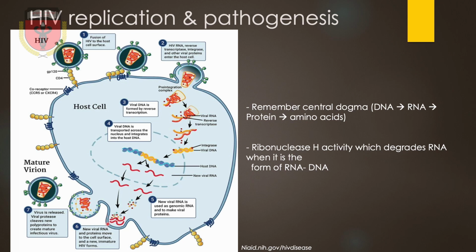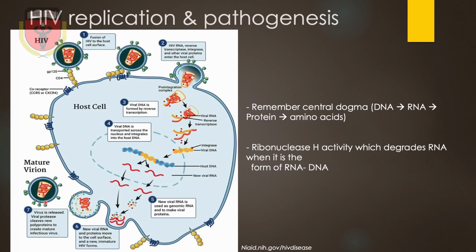And then the new viral RNA and proteins move to the cell surface of the host cell, and they form a little vesicle, and that's where HIV forms. Then the surface proteins are formed, and it goes to the surface, gets detached from the host cell, and becomes a mature virion.